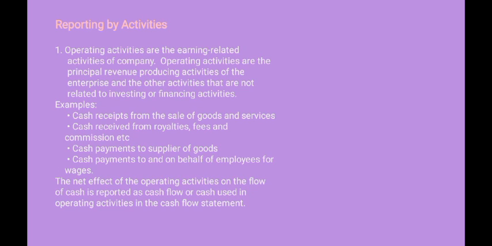Examples of operating activities are cash received from the sale of goods and services, cash received from royalties, fees, and commissions, etc., and then cash payments to suppliers of goods, and cash payments to and on behalf of employees for wages. The net effect of the operating activities on the flow of cash is reported as cash flow from or cash used in operating activities in the cash flow statement.